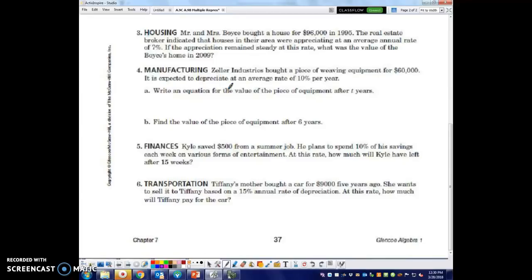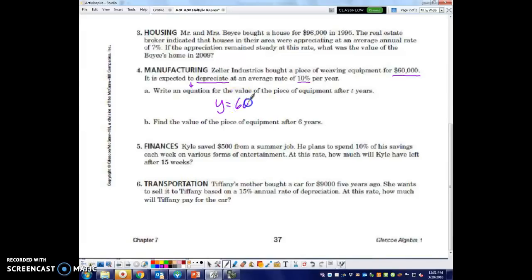Okay, Zeller Industries bought a piece of weaving equipment for $60,000. It is expected to depreciate, remember that D means going down, at an average rate of 10% per year. Okay, so you want to write an equation of the equipment after t years. So y equals, what do we start with?